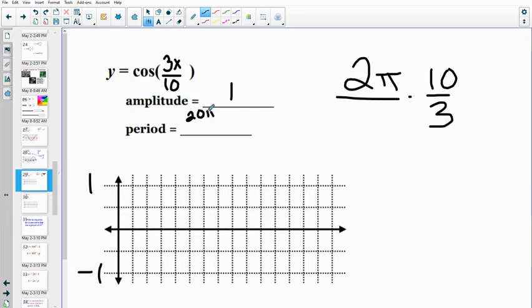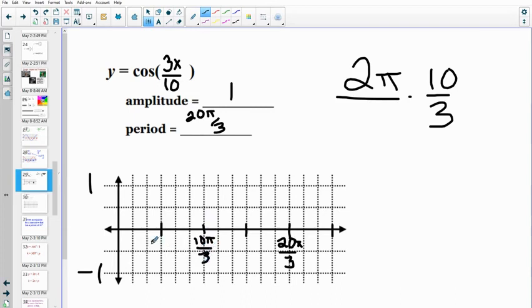20 pi over 3. So I'll do the same thing that I've been doing. I'm going to mark off on my graph, counting intervals of 3 grid lines. The end of my fourth one is my 20 pi over 3. So half of 20 pi over 3 would be 10 pi over 3.